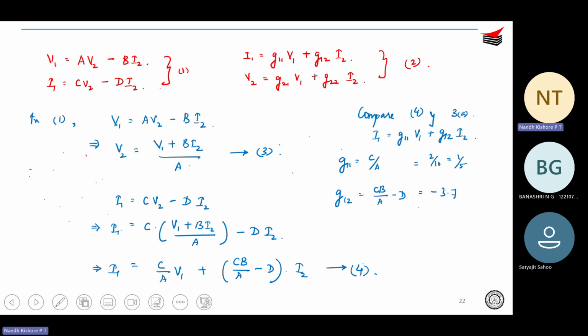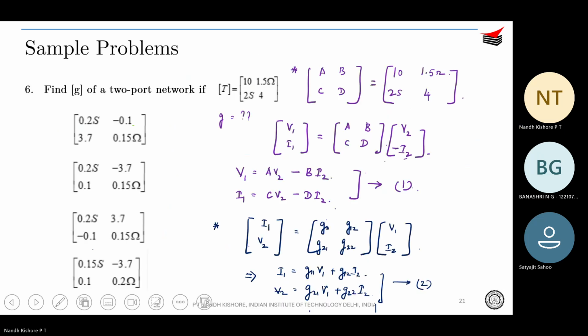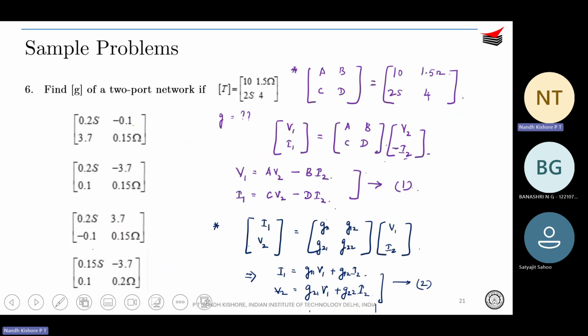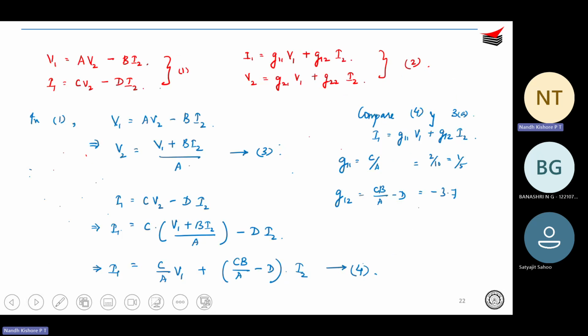So did you understand what we were doing? I know the expression for the transmission parameters. That is, I know what ABCD is, how it is related to V1, I1 and V2, I2. And I also know what the G parameter is, right? That is I1, V2 is equal to G into V1, I2. So from this, what I did was try to get the transmission line expressions in terms of my G expressions.